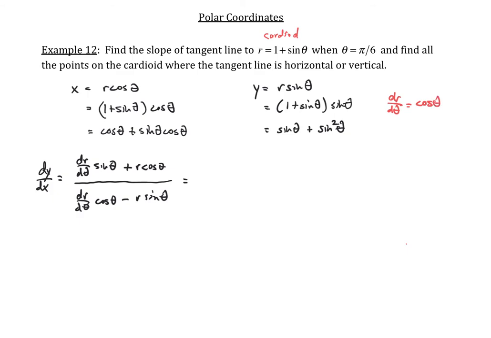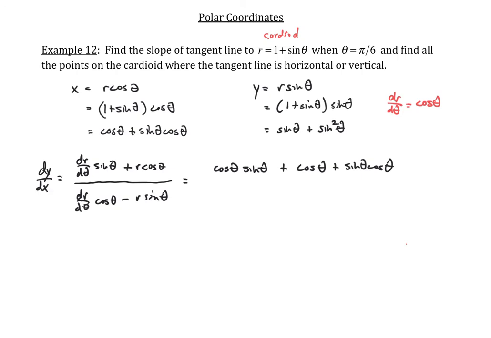Okay, so we're going to use that in calculating this. So dr/d theta would be cosine of theta. The sine theta stays there, and then we have plus the r cosine theta, which is just the x thing, so that's going to be cosine theta plus sine theta times cosine theta. So this part is just the same thing as this part, so I just copied this and put that right here.